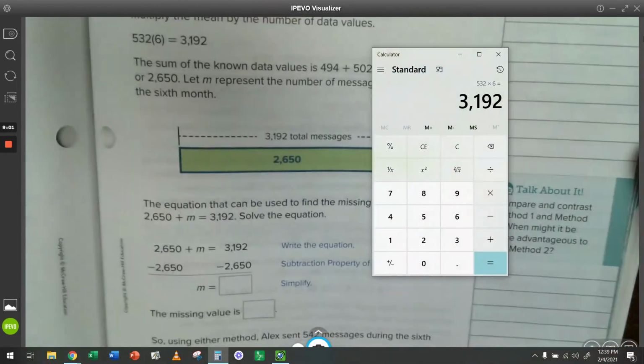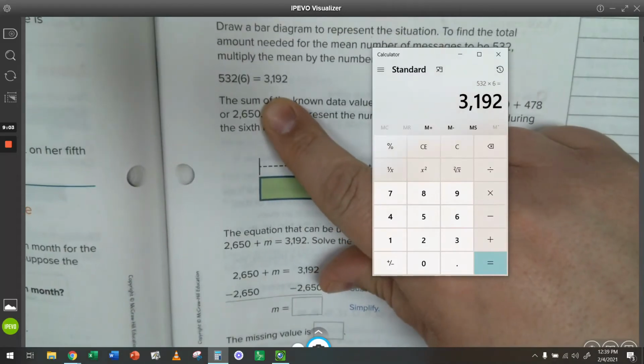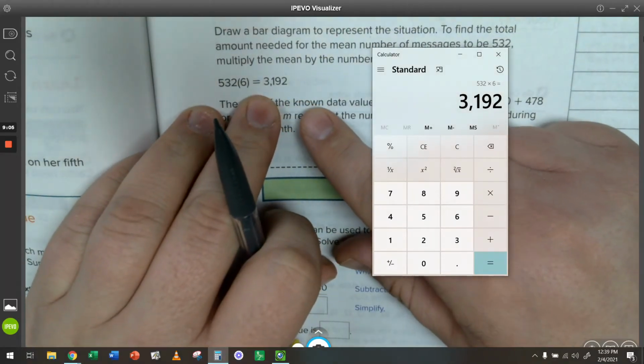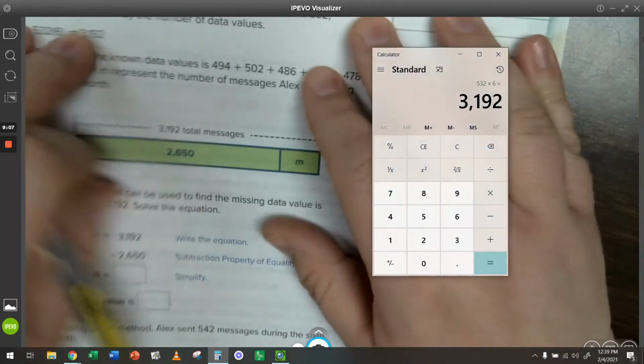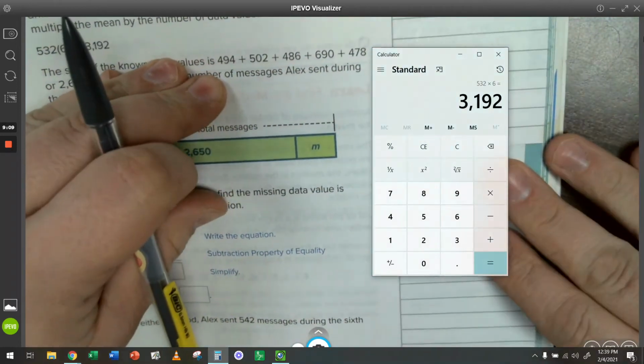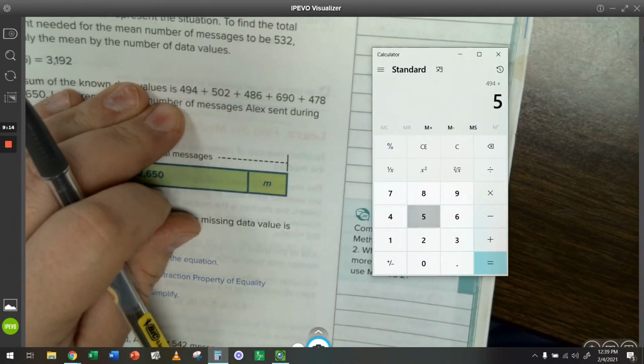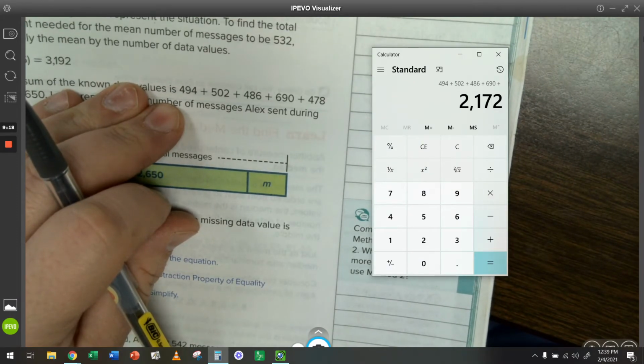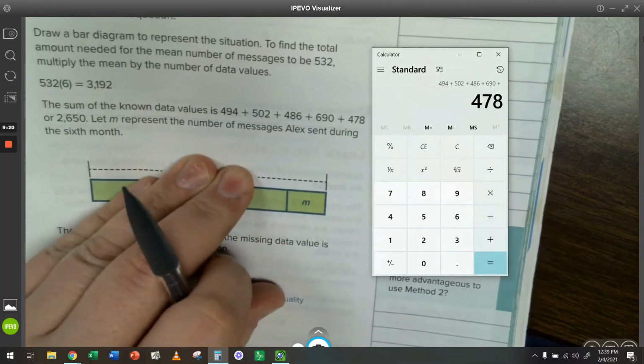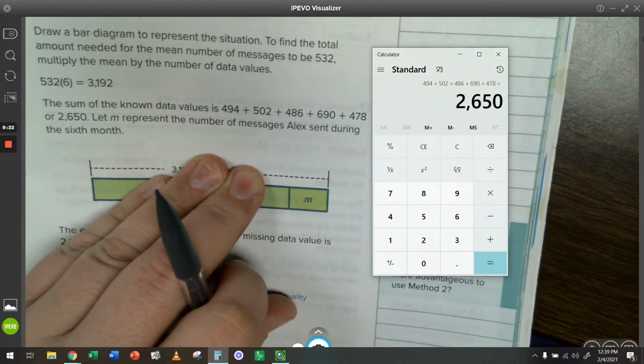3,192. Okay, and this is actually on page 553. Start by multiplying by 6. Add up the values that we know. Okay, 494, 502, 486, 690, 478 equals 2,650.